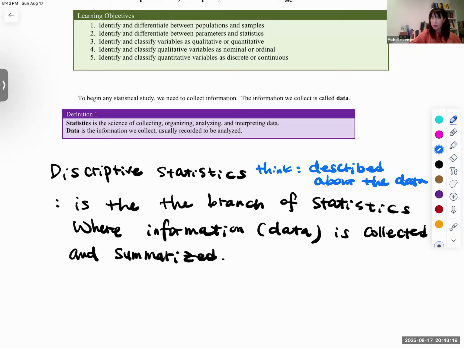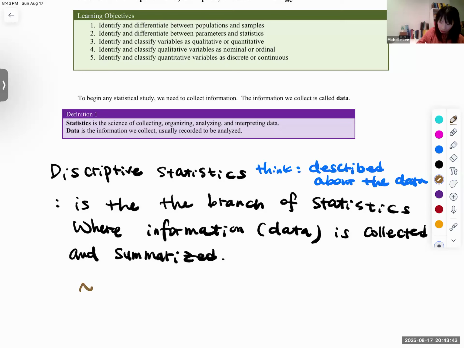We are using averages. We often hear that. What's the average of the scores? What is the average of the heights? So average, percentage, or graphs. Average and percentage are things we call numerical summaries.